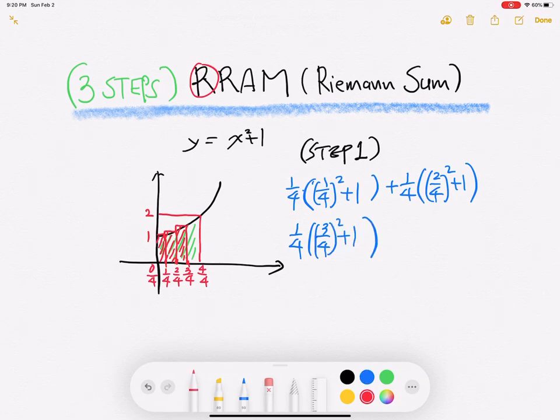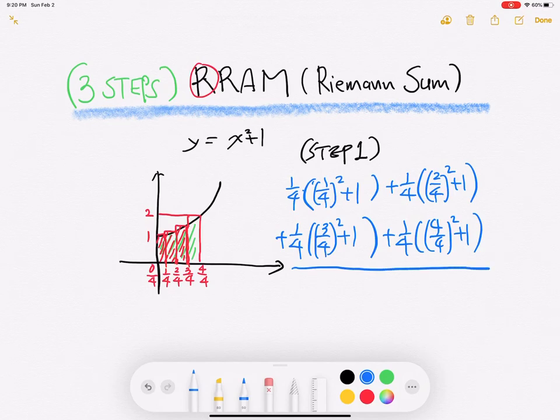The fourth and last rectangle is drawn at x equals 4/4, and the y value at 4/4 is the height. So its area is 1/4 times (4/4 squared plus 1).